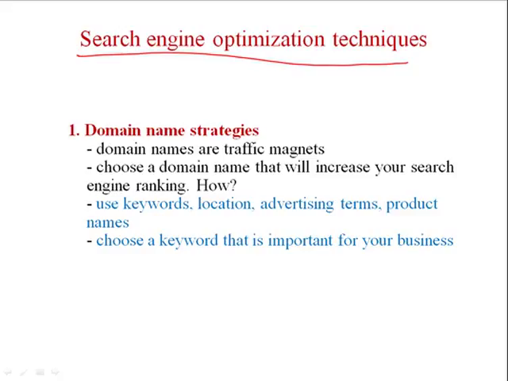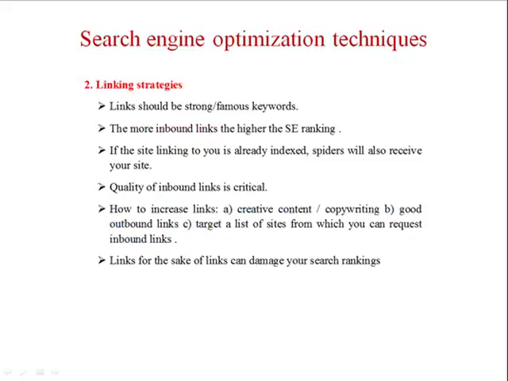Choose a domain name that will increase your search engine ranking. Here, the main aim of search engine optimization is to improve the ranking of your page. So use keywords, location, advertising terms, and product names. The main thing is to choose a keyword that is very important for your business and highly representative of your business.